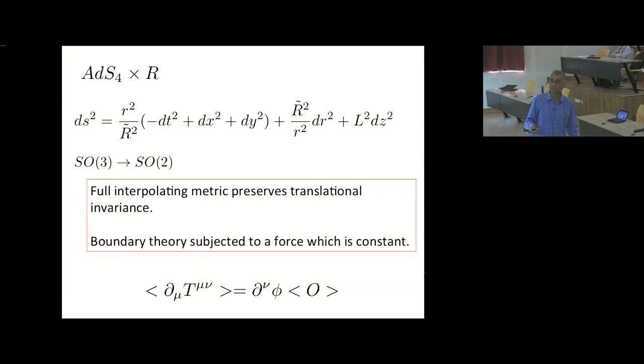You can make that more precise by computing the stress energy tensor equation, which turns out to be ∂_μ T^{μν} is the gradient of the dilaton times the expectation value of the operator dual to the dilaton. So here we have a driven system, and you have anisotropy in the driving force.